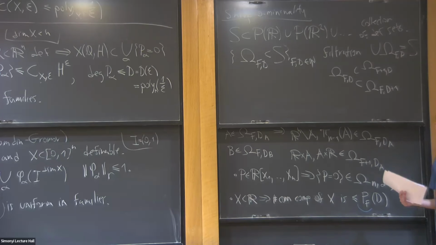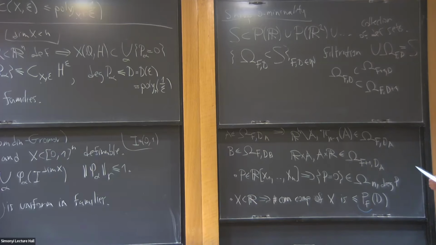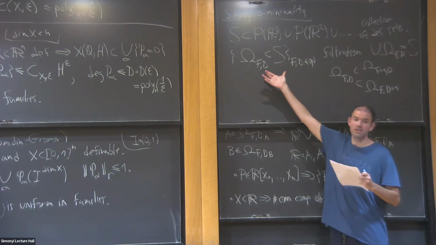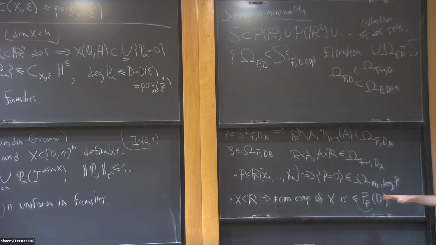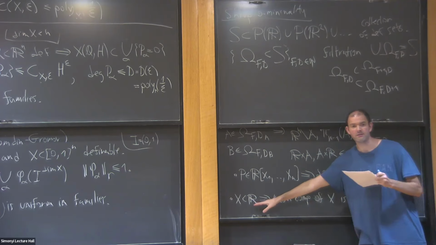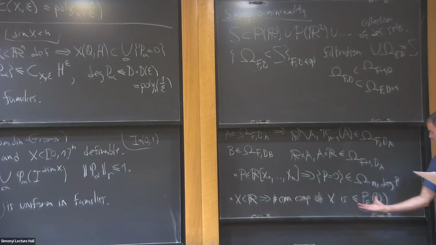So when I say that the structure is sharply o-minimal, I'm saying there's a structure, there's a filtration, and there's a sequence of polynomials such that this holds. It means whenever you have a set of format F and degree D, if it's a subset of R, you can control the number of connected components, and it's going to be some polynomial depending on the format, evaluated on the degree.